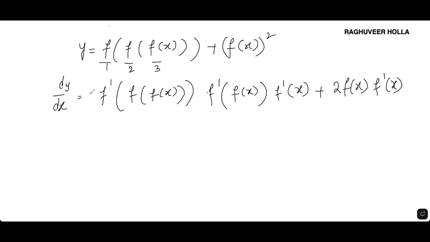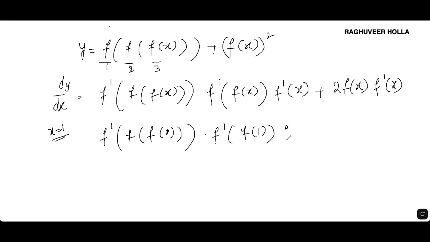Now we have been given in the question itself when x is equal to 1. So let us substitute it. So f dash of f of f of 1, into f dash of f of 1, into f dash of 1, plus 2 into f of f of 1 into f dash of f of 1 into f dash of 1.